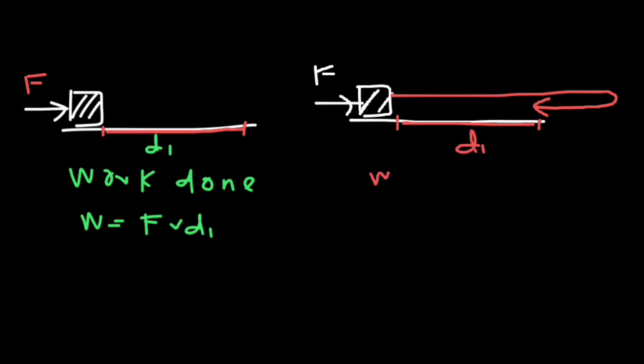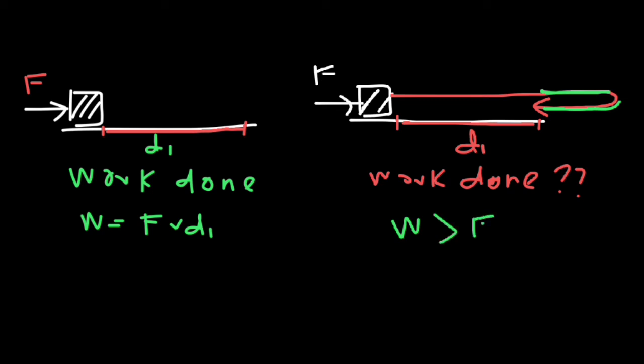So, is work done the same? We know we will always have to do work against friction. So, this portion also would have done some work against friction, and this portion also would have done some work against friction. Therefore, for sure, the work done is going to be greater than F into d1.